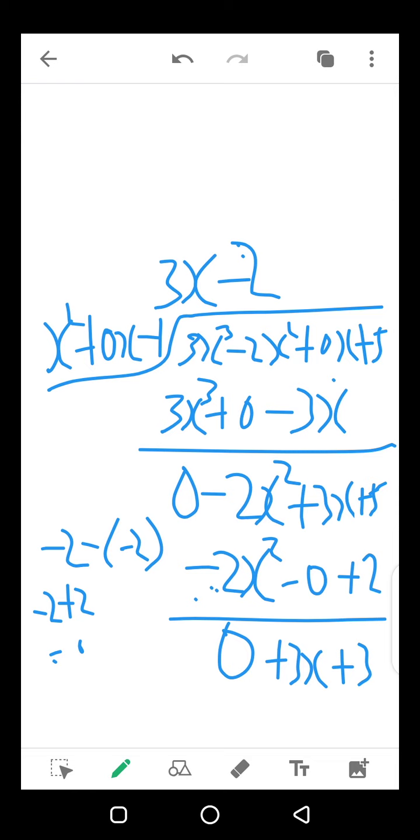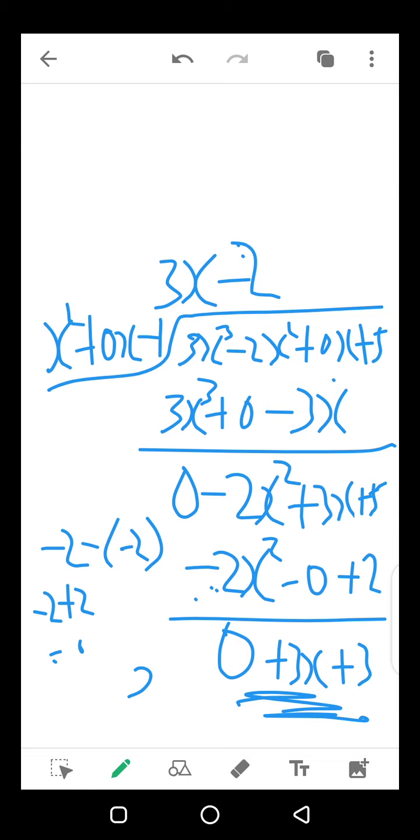So we are now going to have this. Now we cannot divide 3x. The highest power in this one is 1. We cannot divide 3x by x raised to power 2. Higher degree cannot divide smaller degree in polynomial.